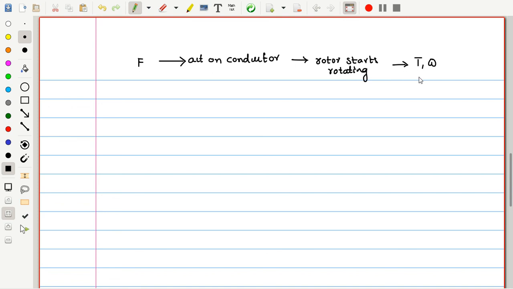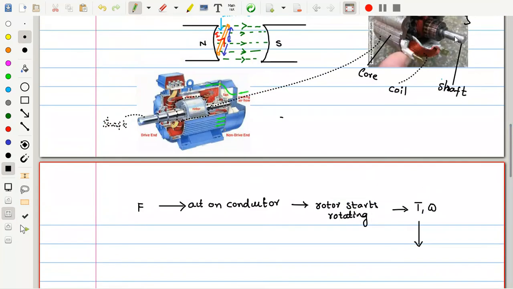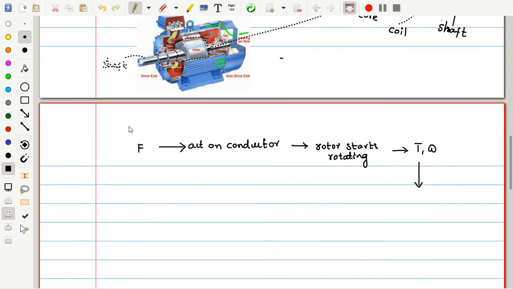And as this torque and speed are produced, you will have some kind of shaft here. Can you see this shaft? If you attach some external device to this shaft, that device is also going to be rotated and does some mechanical work. So this is the generalized operation of a motor.